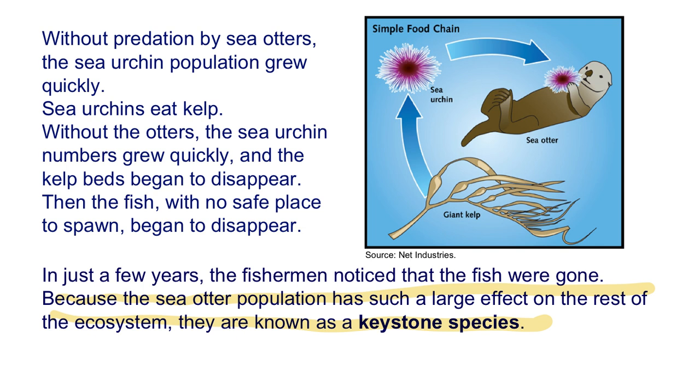Now, the sea otter is considered a keystone species in the sense that if you take it out, there's a huge domino effect on the ecosystem. If we look at the next slide, where do they get the name keystone?